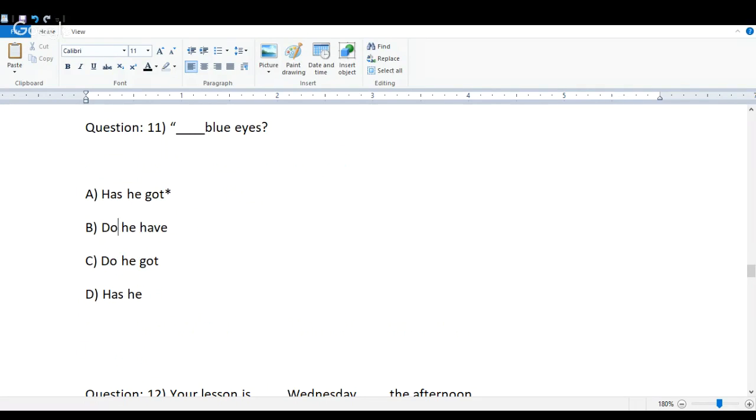However, in this case, it's just do he have, so we can't use that. Do he got it? No. Does he got? We say does he got? It's more of a physical something. It's not really about him. And then has he blue eyes? We're missing something here. We need another verb because has in this case is the auxiliary verb. So maybe does he got in American English maybe sounds like buying blue eye or something.